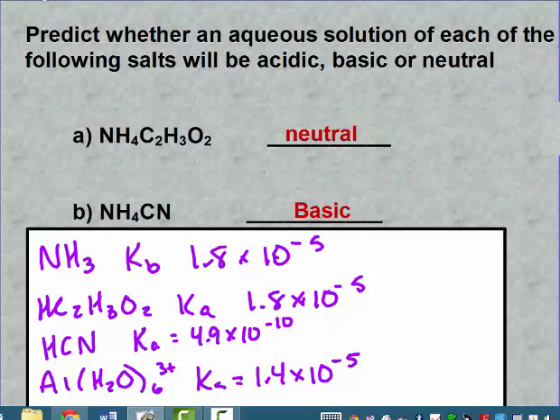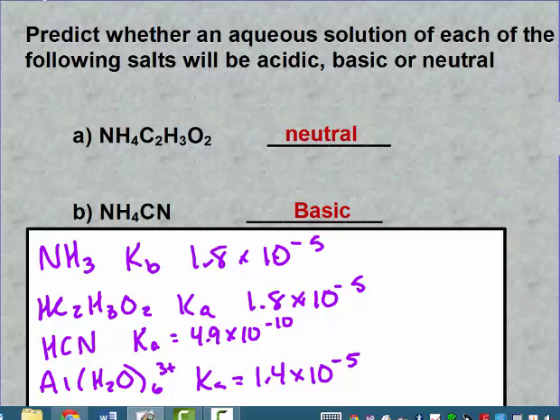This one, or you can also think of it another way without actually calculating it. Which one of these is stronger? Ka is bigger, right? So its conjugate is going to be weaker, because the stronger the acid, the weaker its base. We're looking at these two.